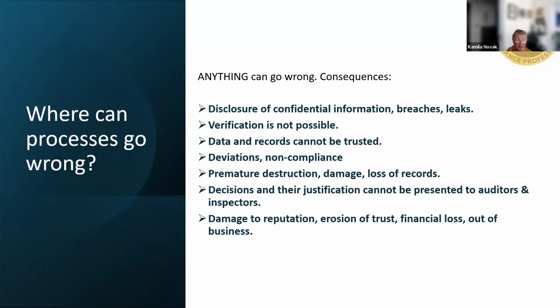If you read the recent warning letters, many of them are related to poor documentation and inability for the regulators to evaluate what has been done, how, by whom, and so on. Deviations and non-compliance, premature loss or damage or destruction of records, which could be a disaster.